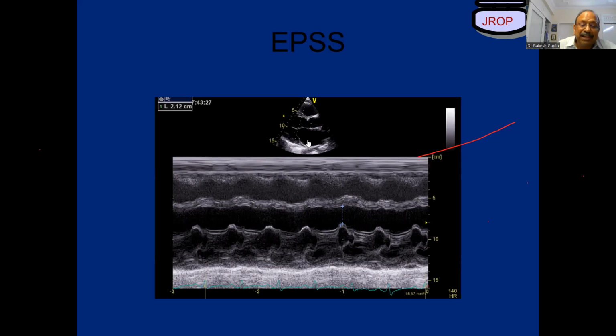How do you explain this E point septal separation? Look, the apex is always fixed, and the base, like the mitral valve, moves towards the apex. That's how the heart moves. So when the apex is fixed, the base moves.